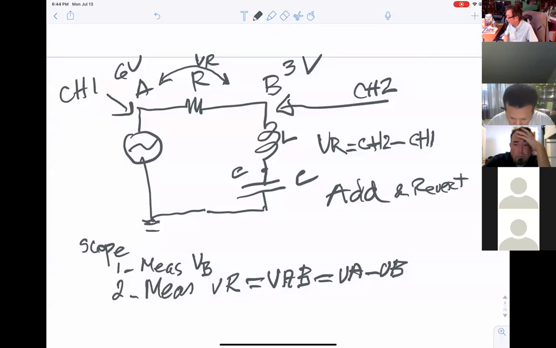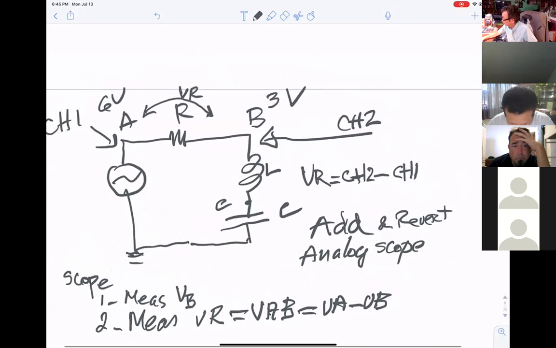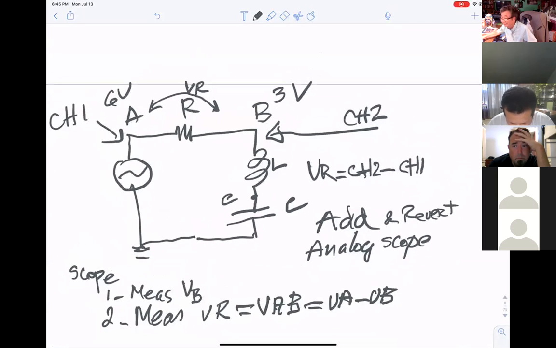They're using what we call an analog scope. They don't have a math function like we do. They have a function add inverted. What does that mean? That means they say add voltage A and voltage B, but you must invert B. B instead of 3 volt, now it has to be minus 3. Then you add them up. Same answer. But that's the old one.